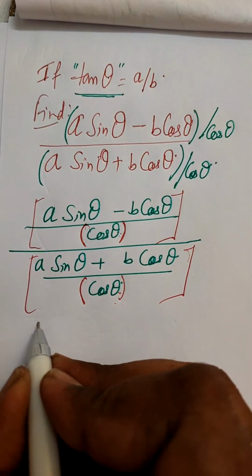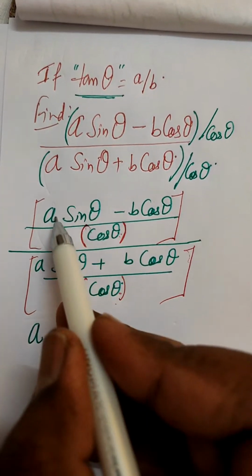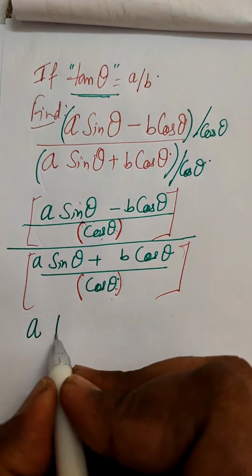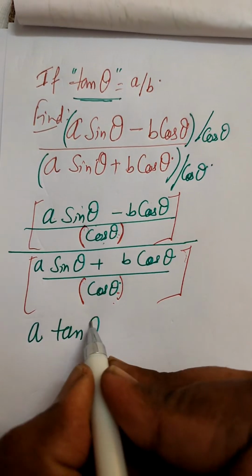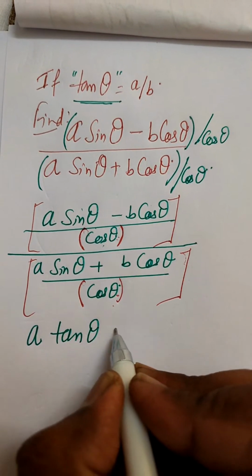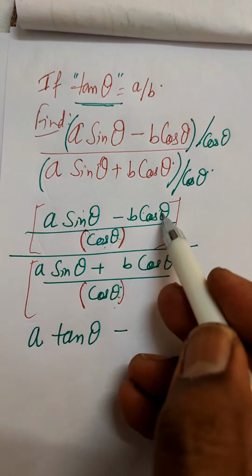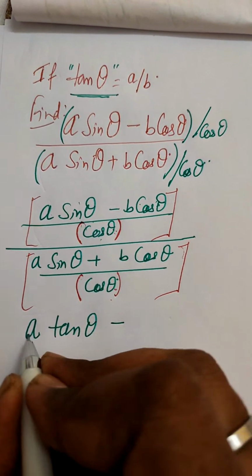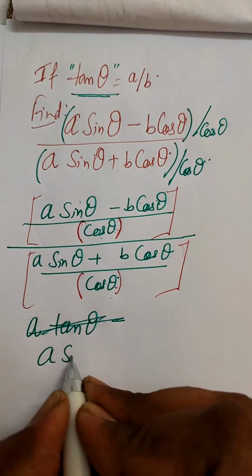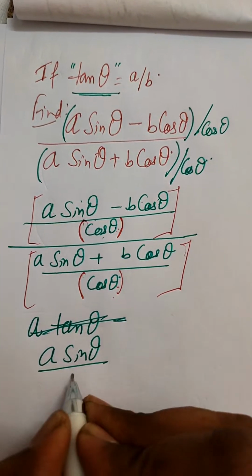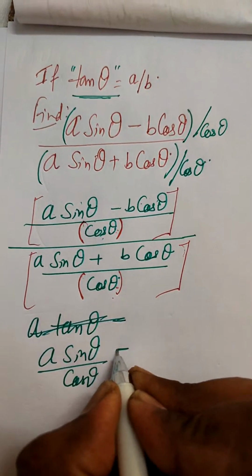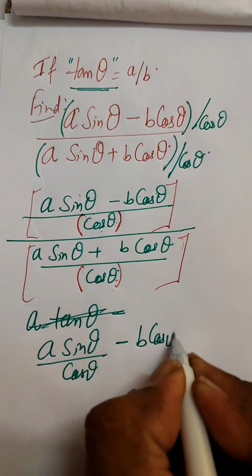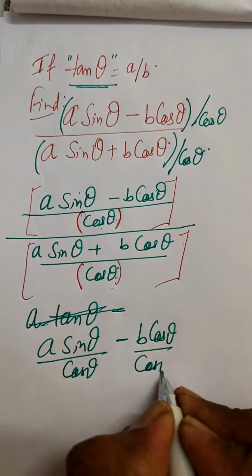On expanding, what we can see, a sine theta by cos theta, which can be written as a times tan theta, isn't it? Right? And b cos theta by cos theta, so rather than skipping the step, I can just write simply a sine theta by cos theta minus b cos theta by cos theta, right?